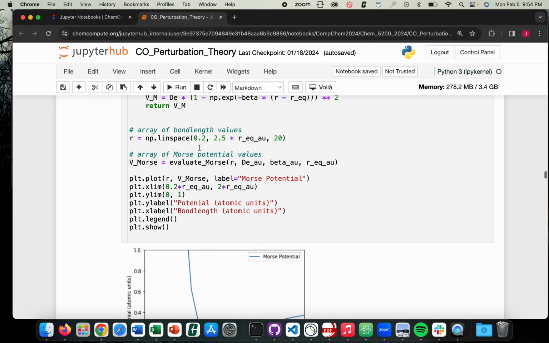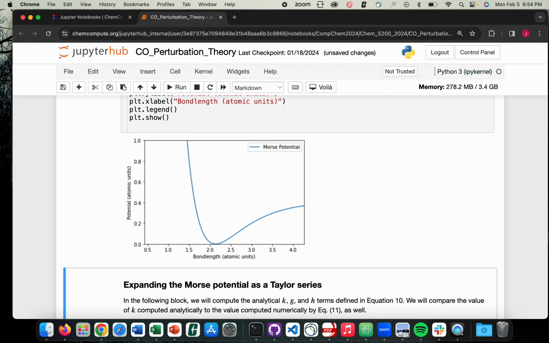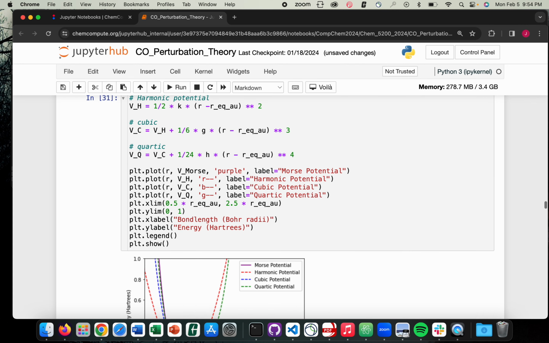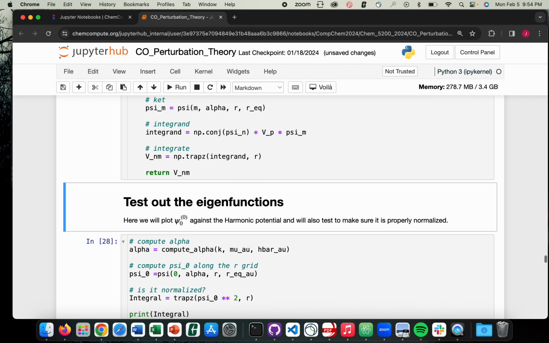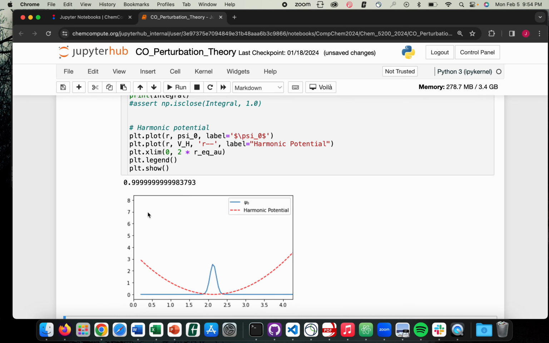So I'm going to try to fix that really quickly. Let's change this to 100 points. Now that potential looks a lot more smooth. Ah, perfect. Now this is looking a lot better.